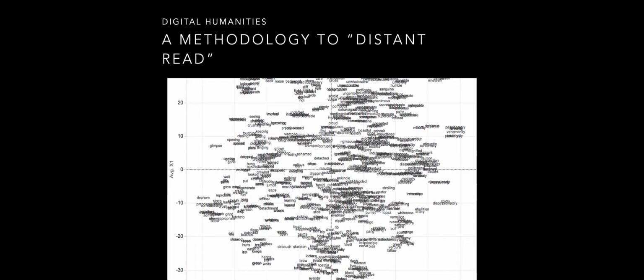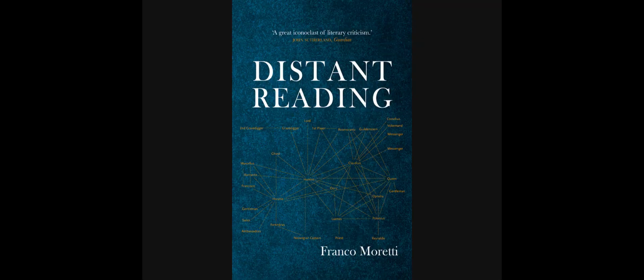Now, what I'm going to show you is how to what we call distant read, and that's a methodology of the digital humanities. So we're looking at how words frequent texts, how do they co-occur, so we can kind of see, instead of reading line by line, let's look at the entire text or let's look at a group of texts.